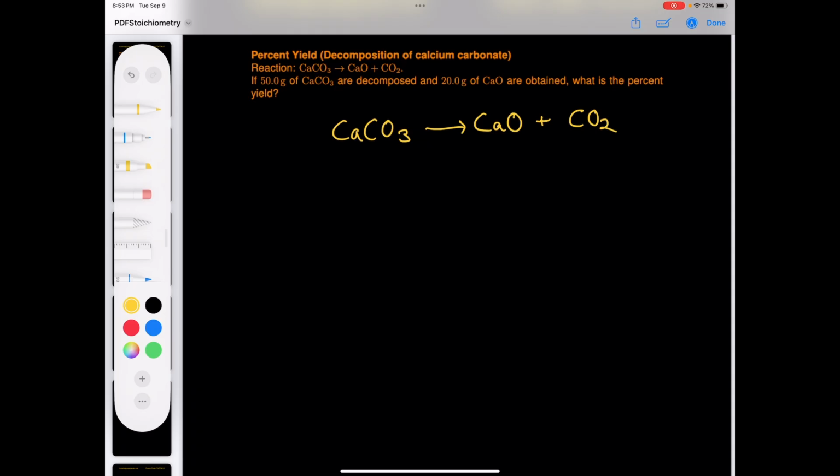Check if the equation is balanced. Yes, it is, right? We have 1 calcium on the left, 1 on the right, 1 carbon on the left, 1 carbon on the right, 3 oxygens on the left, 3 oxygens on the right. And we have 50 grams of calcium carbonate, which we have to convert into moles, right?